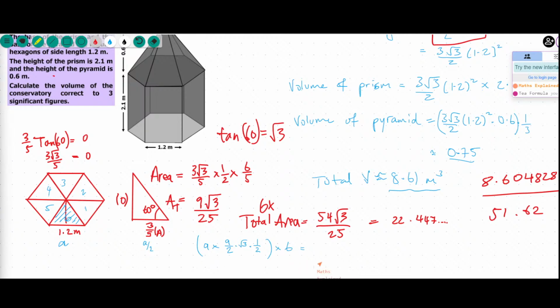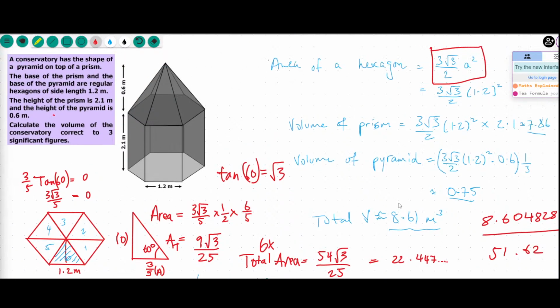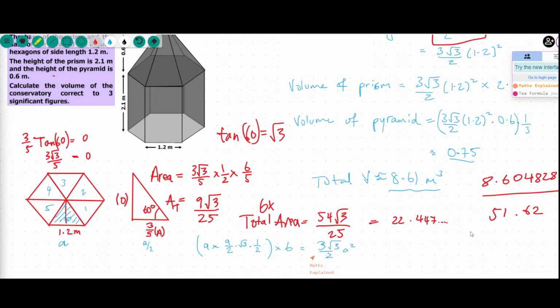So this comes out to be A squared on 4 root 3 times 6, which is 3 root 3 on 2 A squared, right? That's the one, isn't it? Yeah, there you go. That's one way you can derive it.